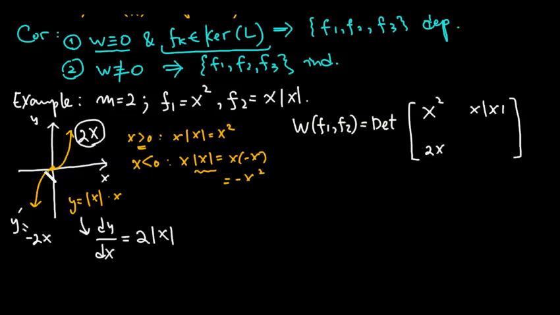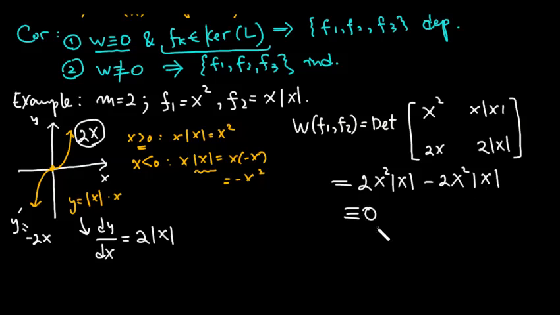If you look here, it's nicely connected. Of course, it's not twice differentiable, but it's first-time differentiable. So we have 2 times absolute value of x as the derivative formula. If you compute the Wronskian, it is x squared times absolute value of x minus 2 times x squared times absolute value of x. So that is identically 0. No matter what your x is, this turns out to be always 0.